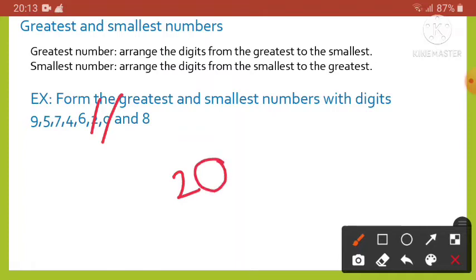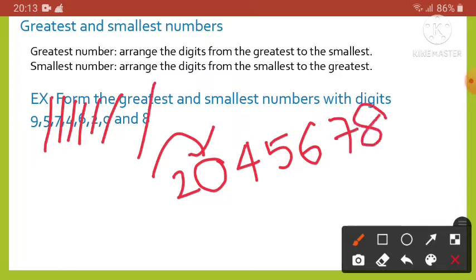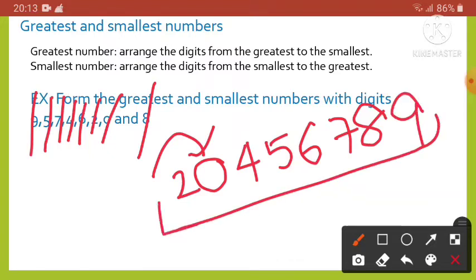Next smallest digit is 4, so write 4. Next is 5. Next is 6, so write 6. Next is 7, so write 7. Next is 8 and next is 9. So the number is 20456789. So it is the smallest number.